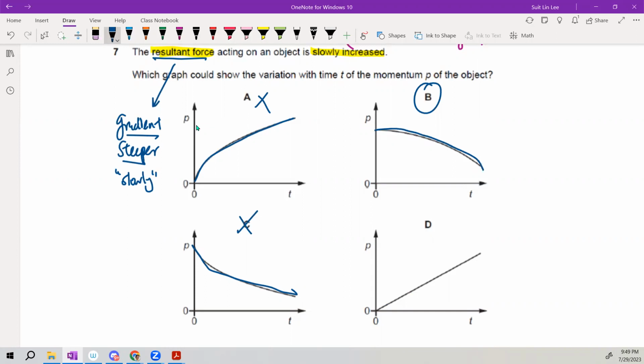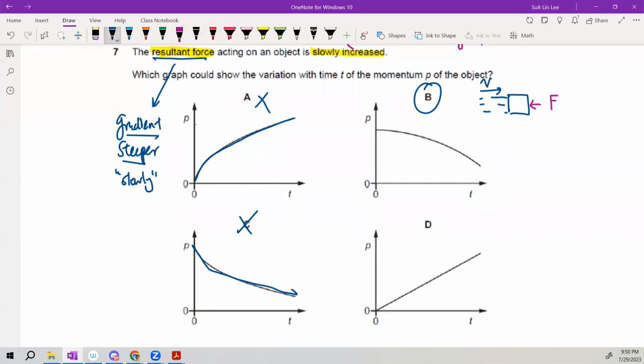It's getting steeper and steeper. But you could say, teacher, but why does the momentum decrease, although there is a resultant force that is increasing? Well, this means that the object is moving in a particular direction. Let's say the object is moving in this direction. This is my B. But my force is acting in this direction.